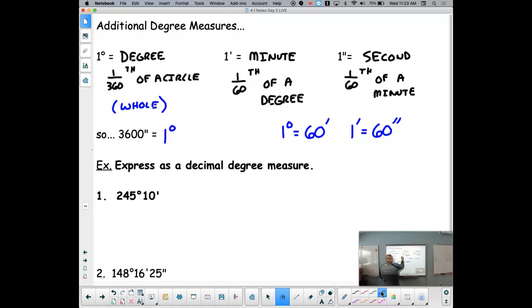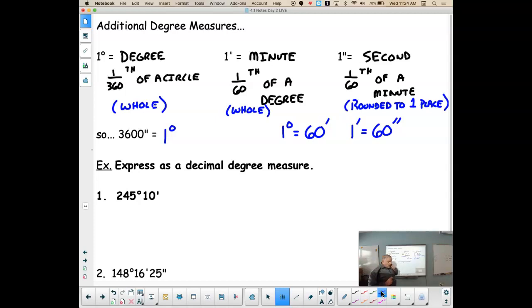Minutes would also be a whole number with the minute symbol behind it. Seconds are going to be rounded, because it's the last of them, to usually 1 decimal place. So we round the seconds to 1 decimal place.